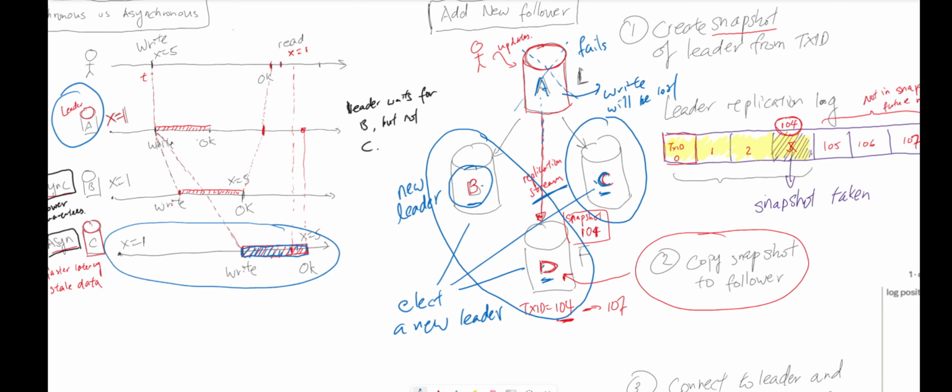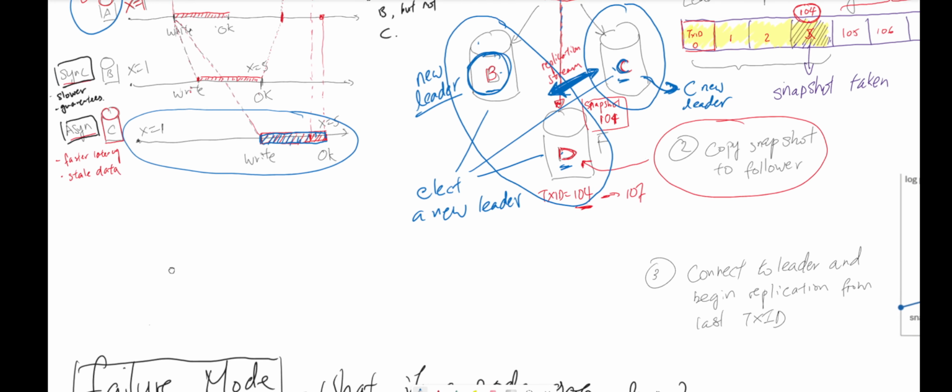There's a network fault between the three nodes. What will happen is B is going to be the new leader, and in this isolated environment here, C is also the new leader, and we'll end up in a situation called split brain.